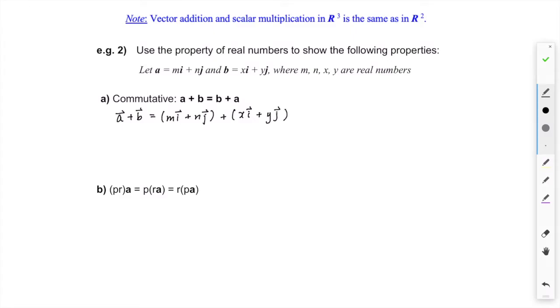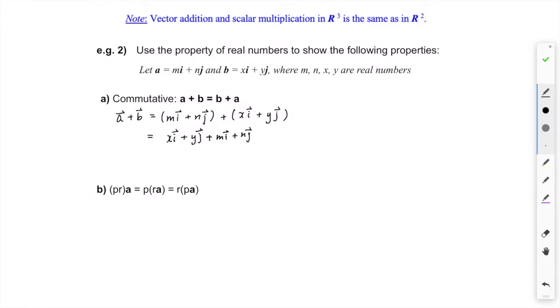I know that I need to group like components together when I'm adding, and then after that I can use the commutative law to switch the order of addition. Because adding order doesn't matter, I can say that I have xi plus yj and then plus mi plus nj.